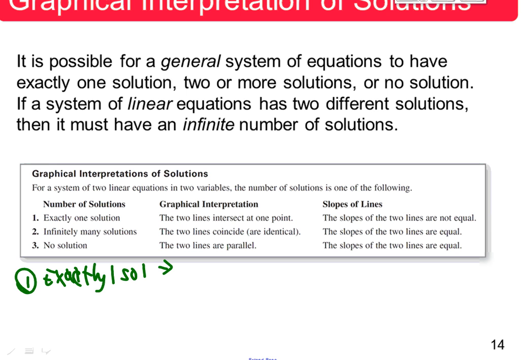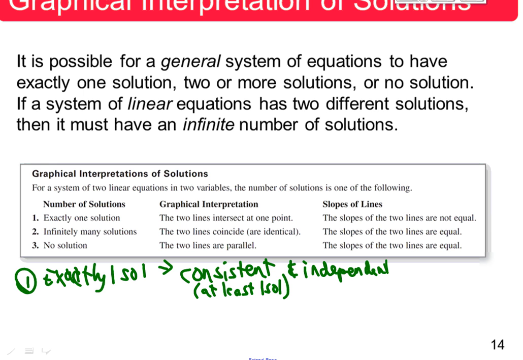Consistent means there is at least one solution. And they're also called independent if there is exactly one solution. So that's all this first one. They intersect at one point. Their slopes are not equal.